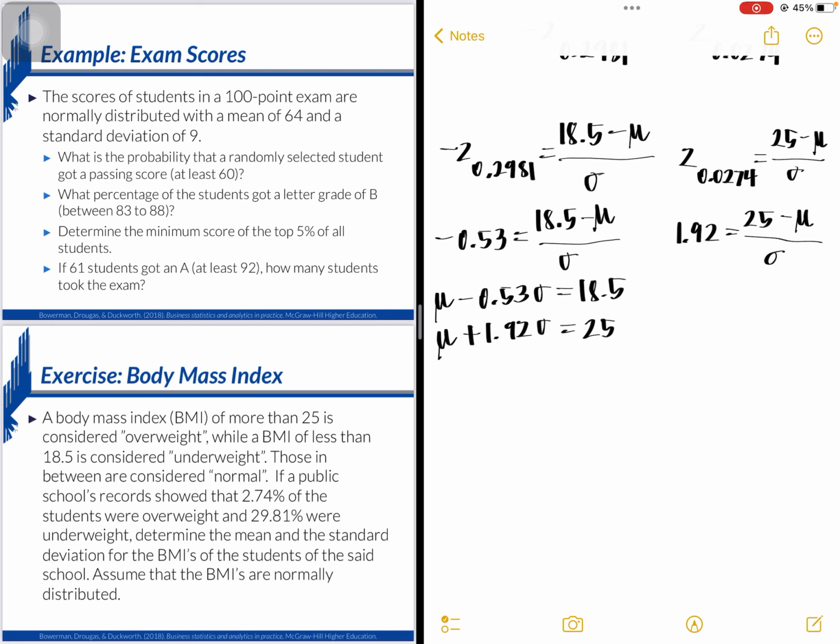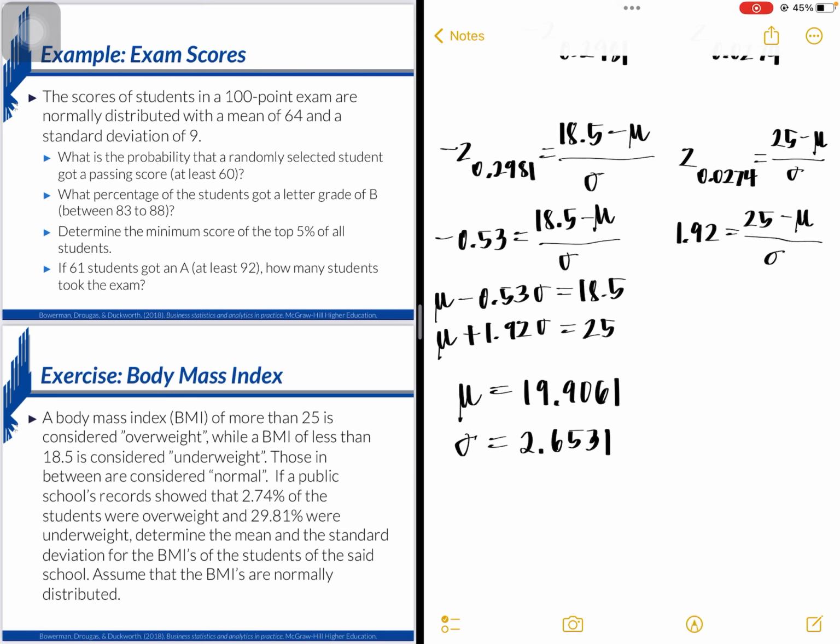The constant for the second variable is 1.92, and the value at the right hand side is 25. So the calculator automatically solves for the mean, or the value of the first constant, and that's 19.9061, and the standard deviation of 2.6531.